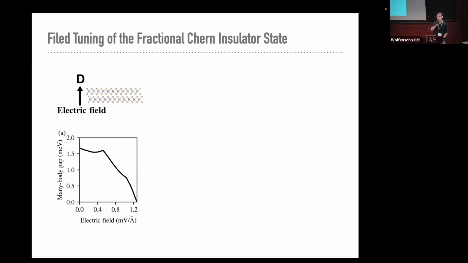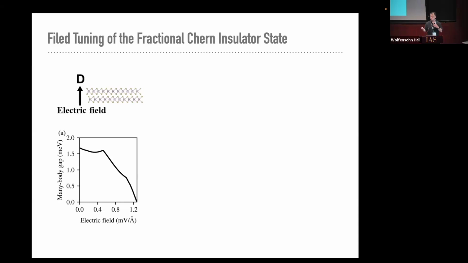So this becomes an extremely useful tuning knob. As we increase the gate voltage, the many-body gap gradually goes down, and at roughly 1.2 millivolts per angstrom, the gap closes. So the 2/3 FCI state has been completely destroyed.